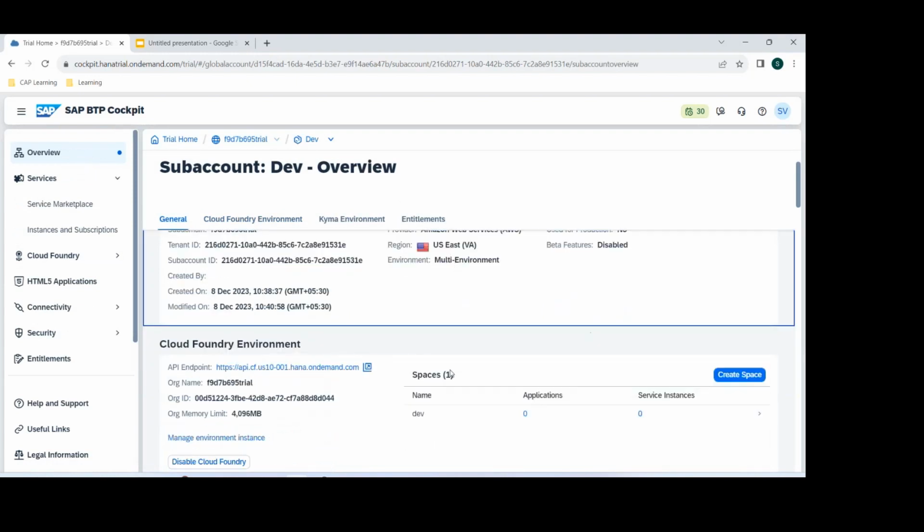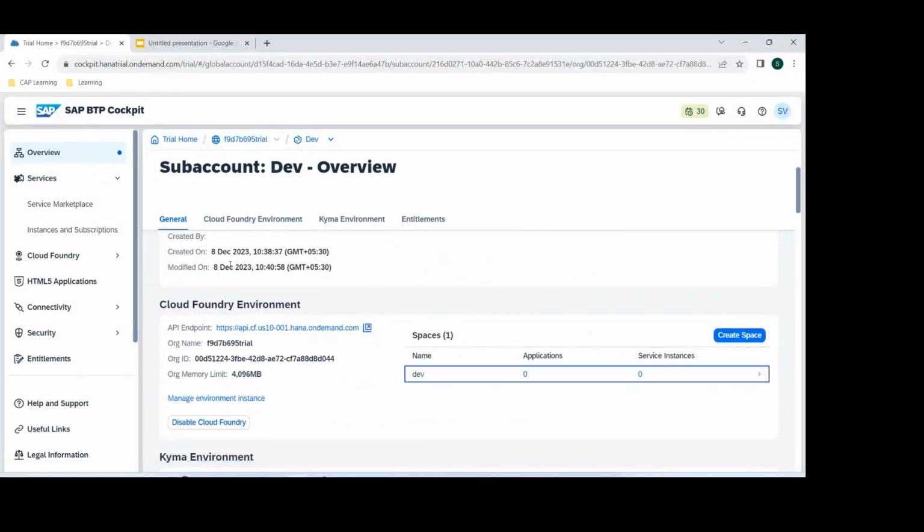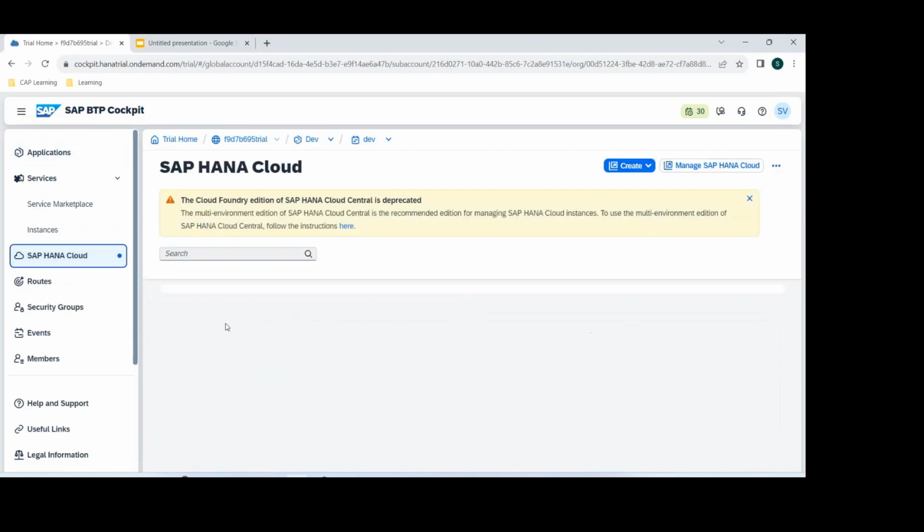If I am going in my BTP environment, in my Cloud Foundry environment's dev space, within this dev space we used to have so-called SAP HANA Cloud, right? Now, what does it say? The Cloud Foundry edition of HANA Cloud Central is now deprecated. Instead, you are supposed to use the multi-environment edition of it. The error seems to be in a direction which says that earlier you used to.